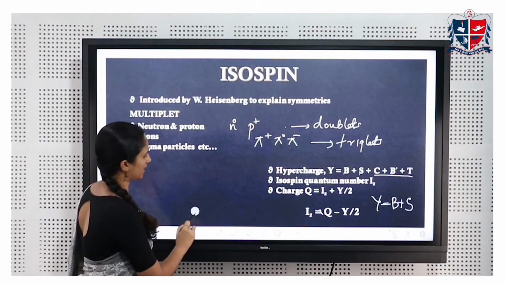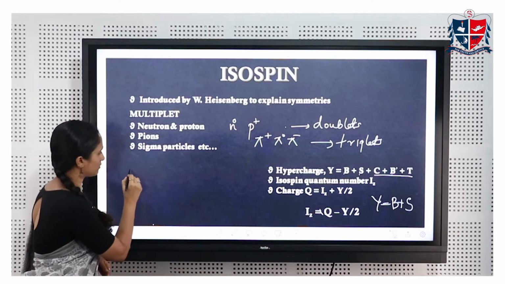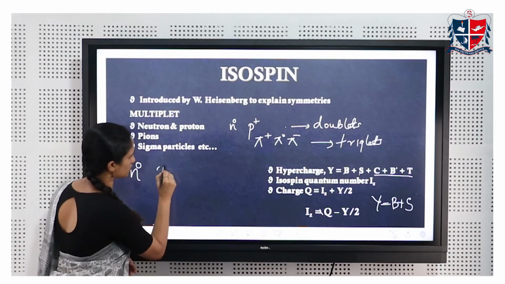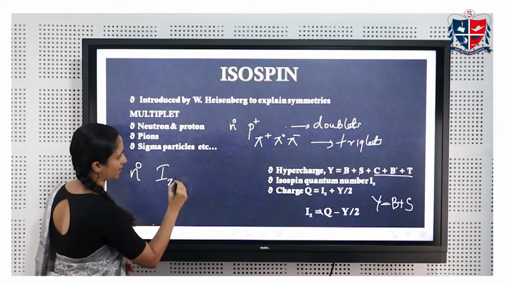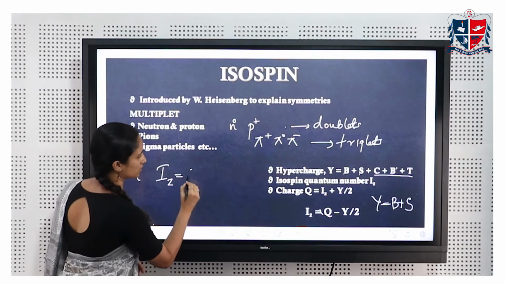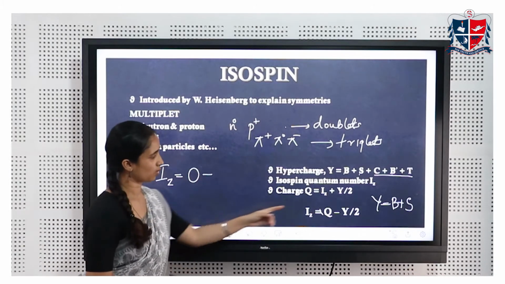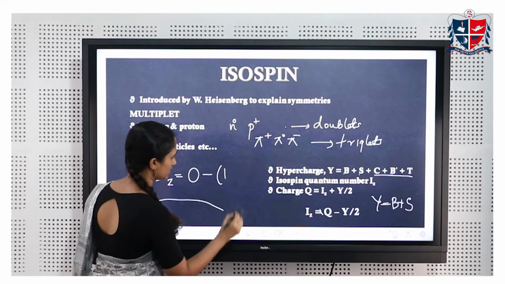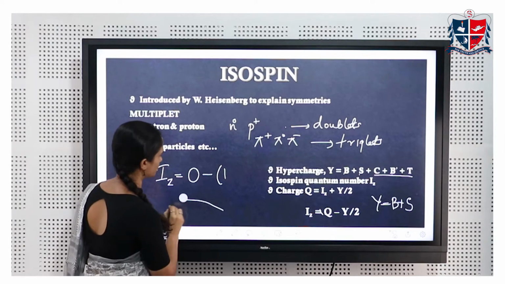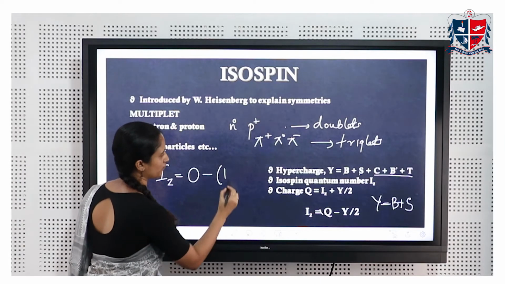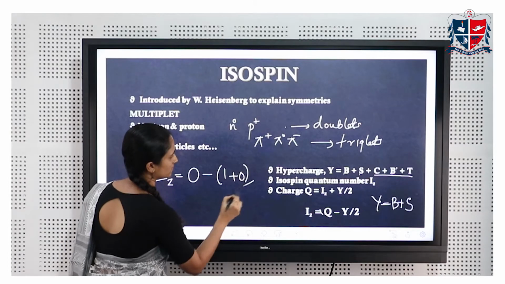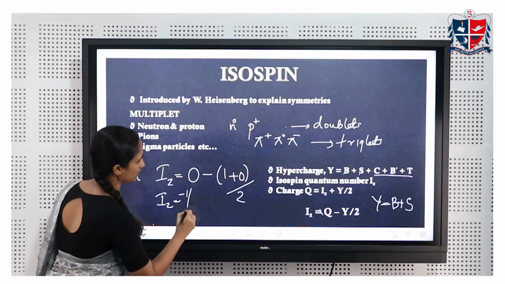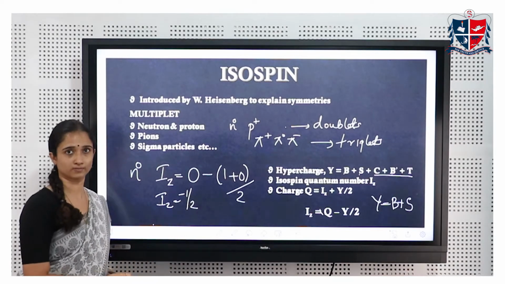So let's see again the particles that we know. We have the neutron with charge 0. Using this equation, we can find the isospin quantum number of the neutron as Iz equal to charge Q, which is 0, minus Y, which is B plus S. The baryon number is 1 for a neutron and the strangeness quantum number is 0, divided by 2, so Iz is equal to minus 1 by 2 for a neutron.